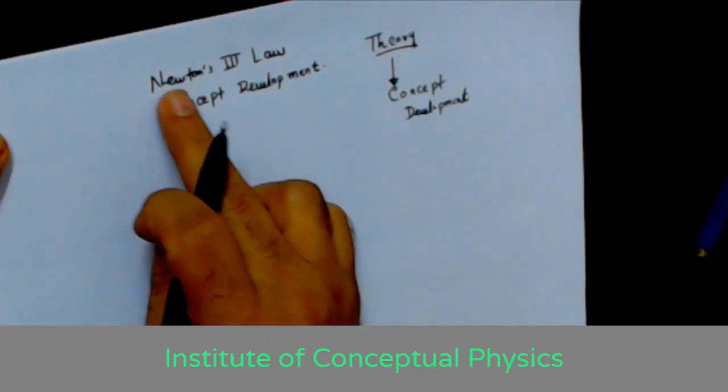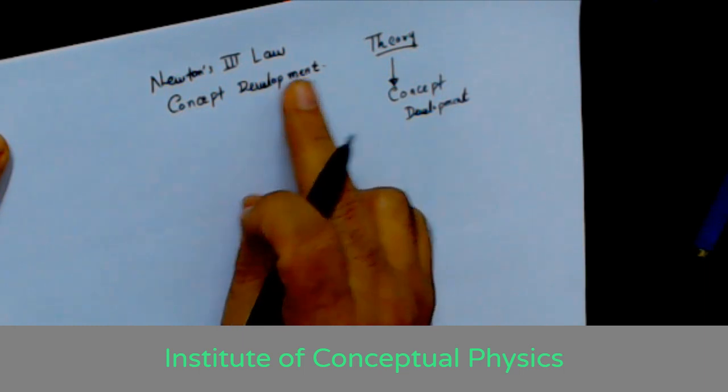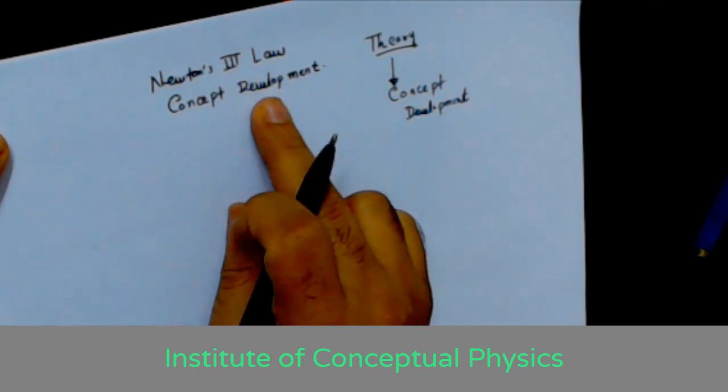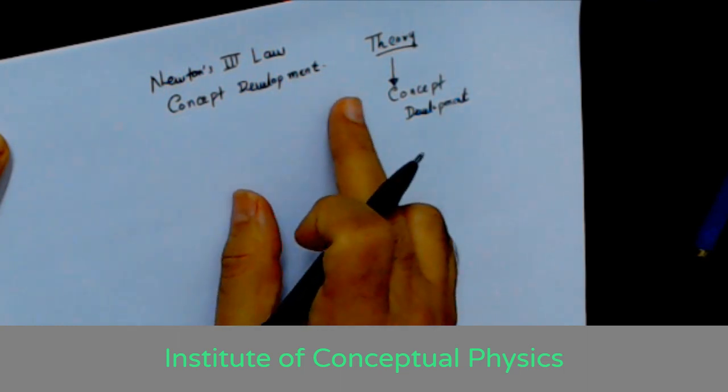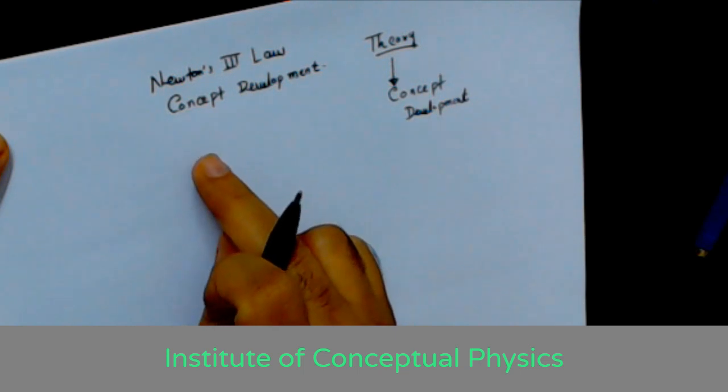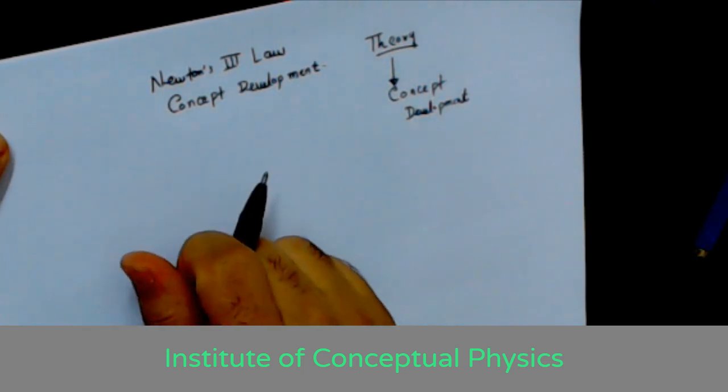Now, see, Newton's third law states that every action has an equal and opposite reaction and they act on separate bodies. So the action acts on the other body and the reaction acts on the other body. Let's see how this comes into practical play.